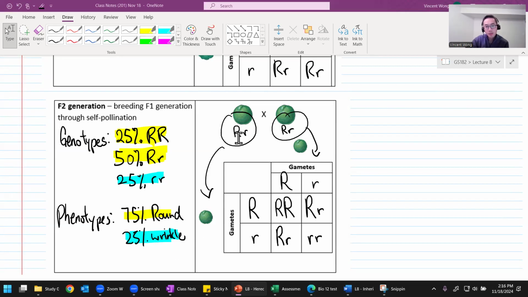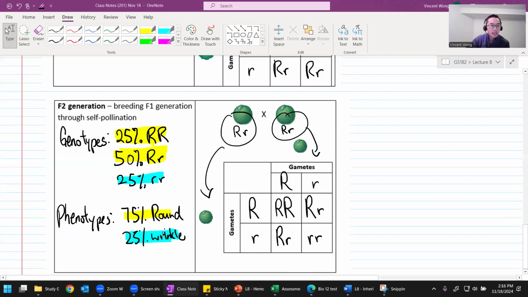Well, this is possible as long as the parents are heterozygous. In other words, they have a wrinkle allele, but it's not showing up in them. But if they both pass on the wrinkle allele, then the seed is going to be wrinkle.